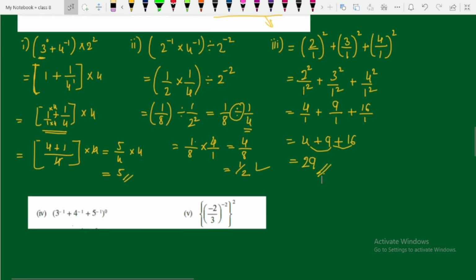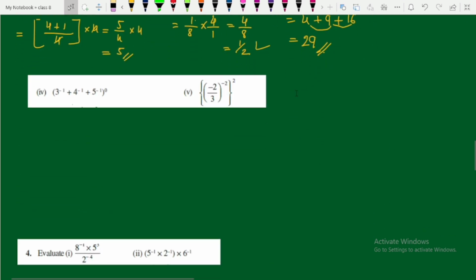Okay, next question. Yes, so question number 4. For this, how can we simplify? You already know a raised to 0 is equal to what? It is always 1.